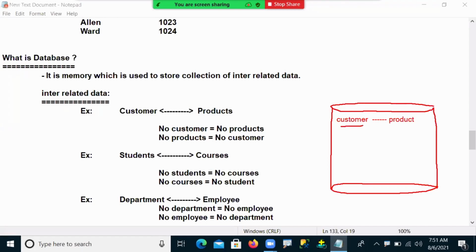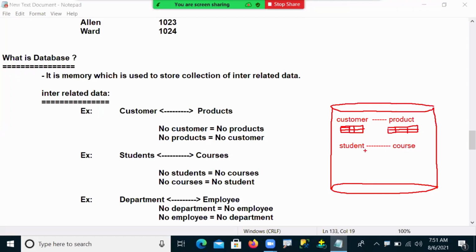So here I'm designing two tables. One table is a customer table and one table is a product table. Like this, we are storing. Next one is what? Student. Suppose we have a student. Student's information I need to store, then the related courses information I have to store here.